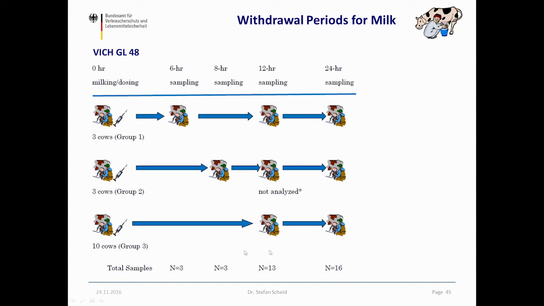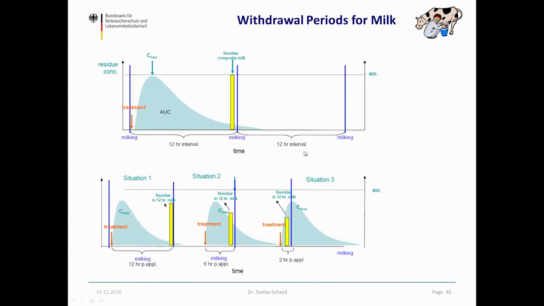So if you use this scheme, the 16 cows, and this milking scheme, the milk collected at 12 hours is not analyzed when already collected at 8 hours, and then you could check if the product would qualify for a 0-day withdrawal time. And treatment of animals is normally: you milk them out, then you treat them, and you would collect milk at 12 hours.